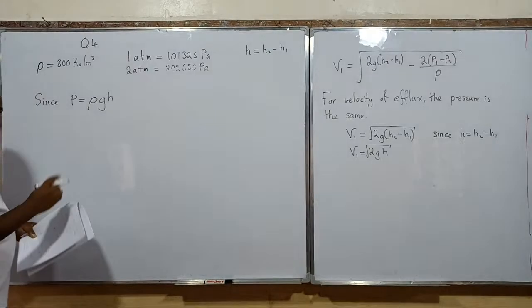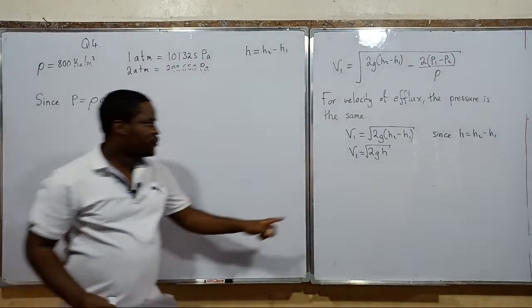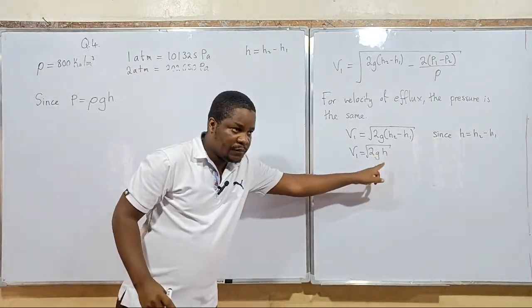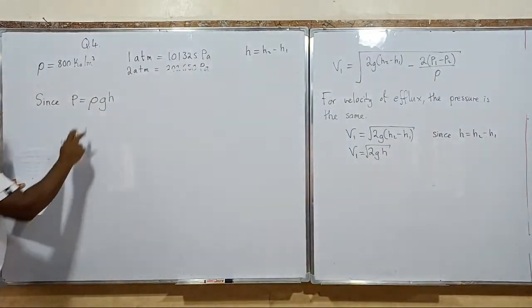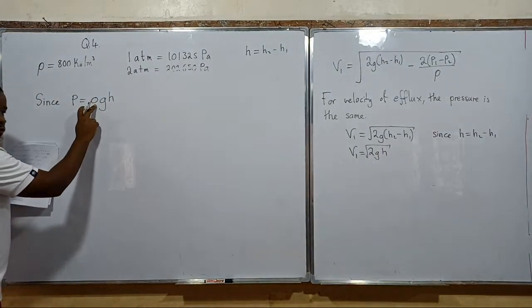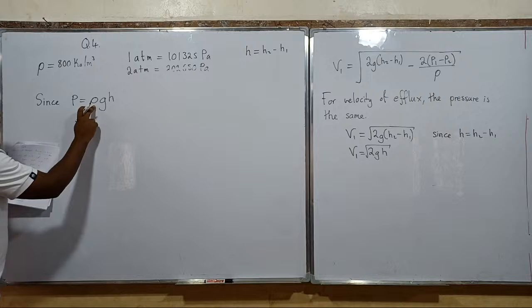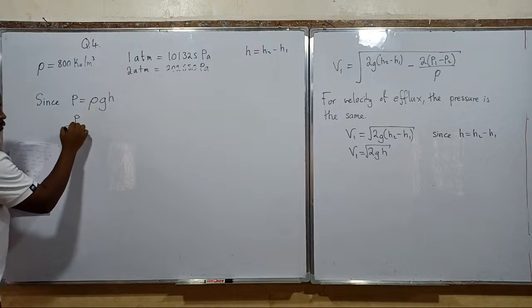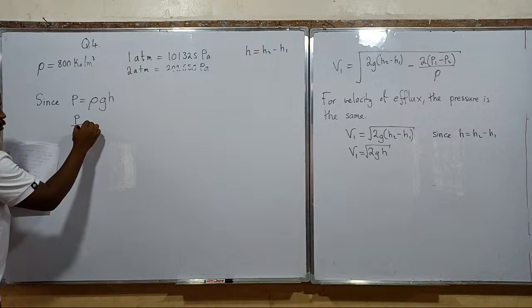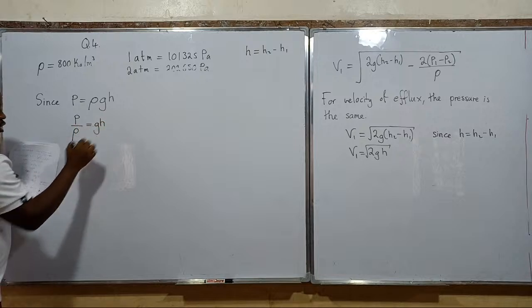What we want to do is substitute the g and the H. How do we do that? Let's divide both sides by what? By rho. If we divide both sides by rho here, what do we get? We get pressure divided by rho is equal to gH.